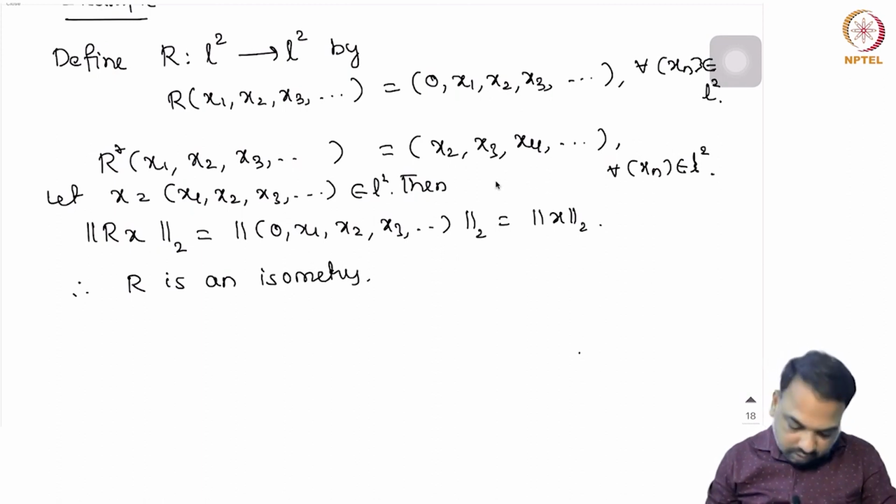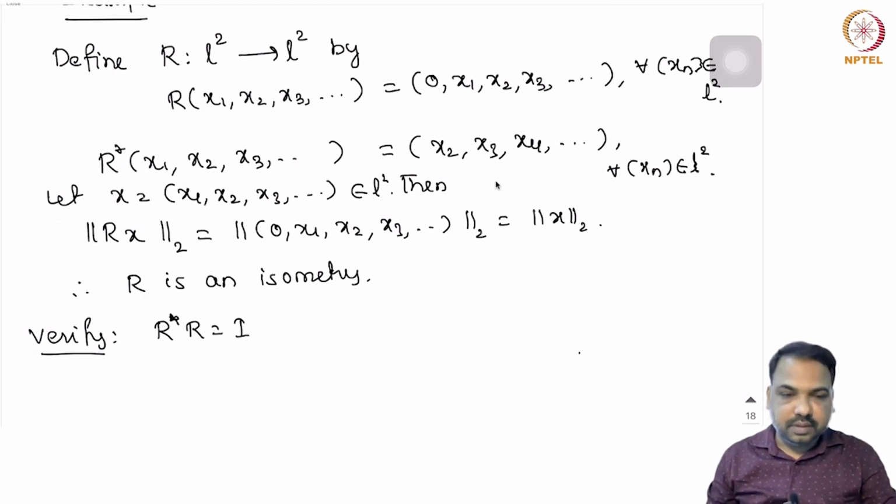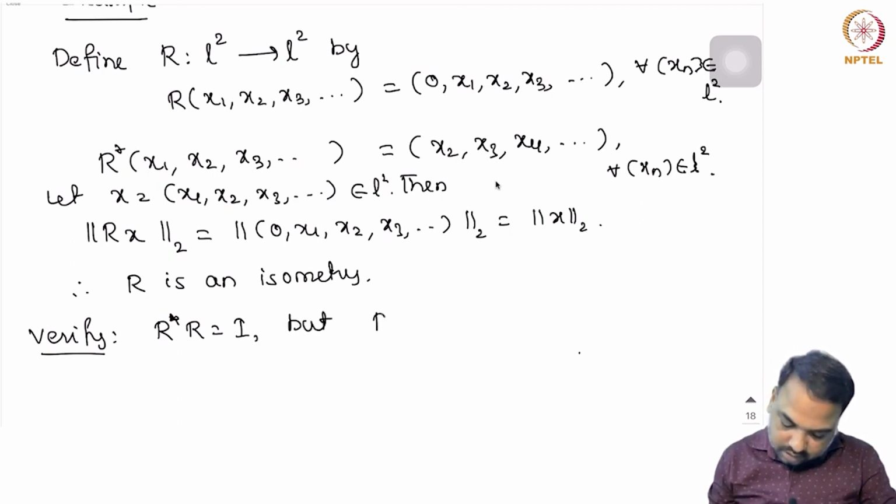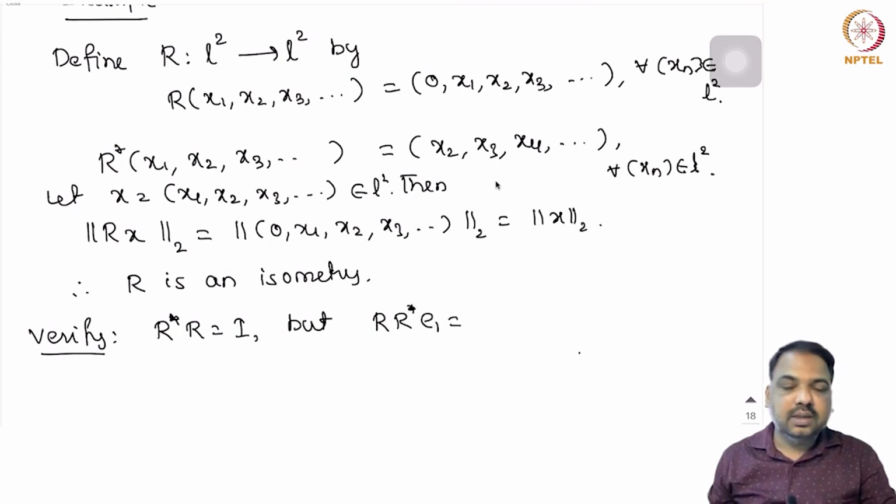Also, we can easily verify that R star R is the identity operator, but R star E1, if you look at it, where E1 is the first element in the standard orthonormal basis of L2, we know that R star of E1 goes to 0.